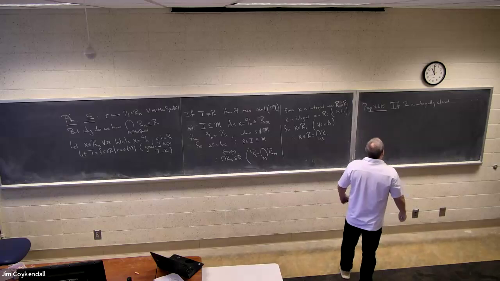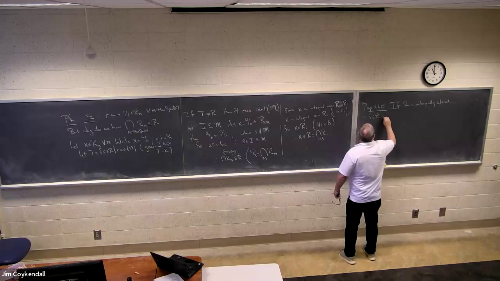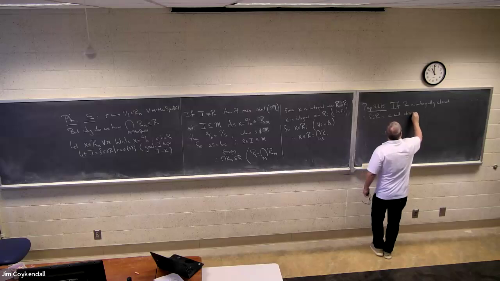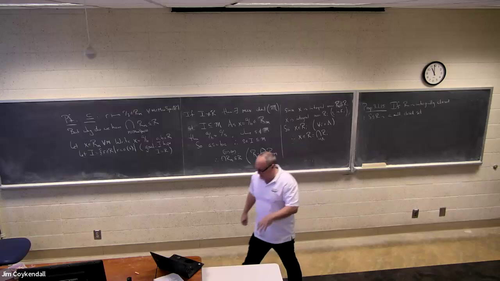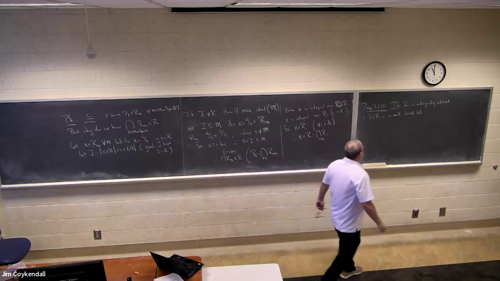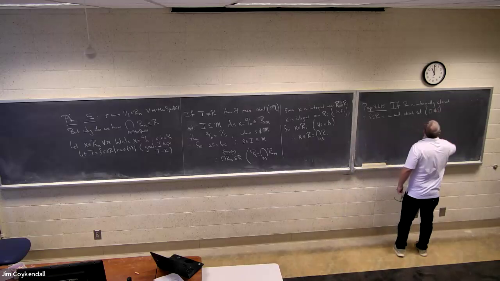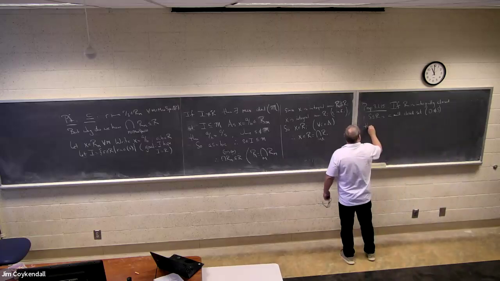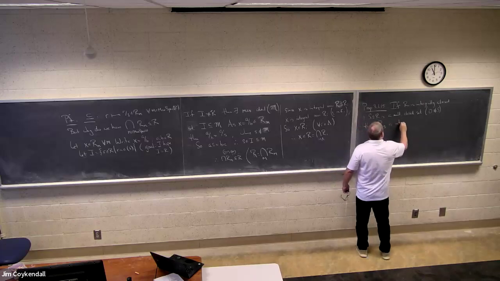If R is integrally closed, and S in R is a multiplicatively closed set, and I'm going to say not containing 0, just to be on the safe side, then R localized at S is integrally closed.